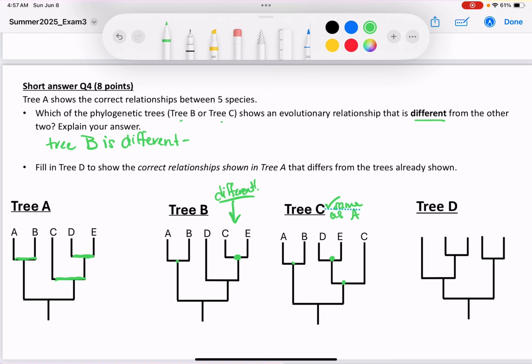And that's because it shows C and E being closer. But tree A says that D and E are closer.